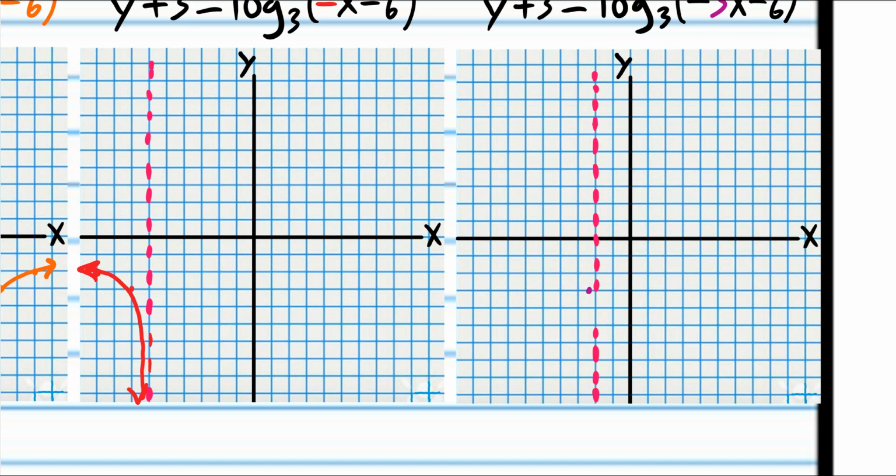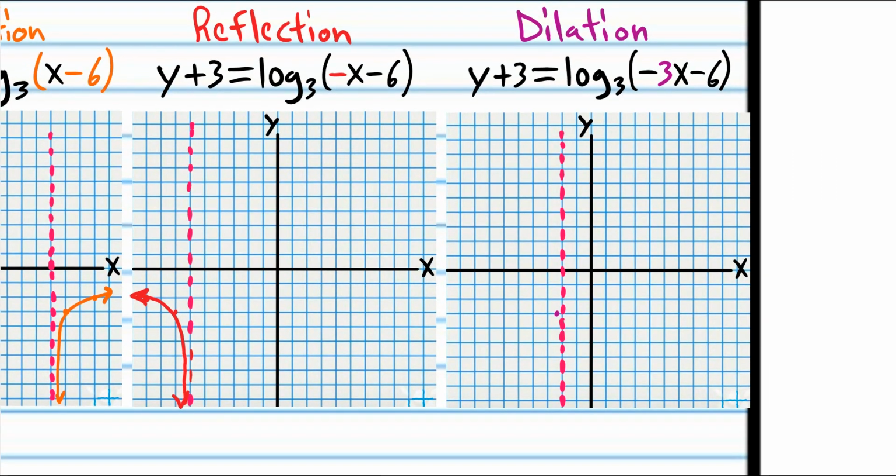And this point over here is at -9, -2. So divide the x value by 3 and we get -3, -2. So that point goes to there.